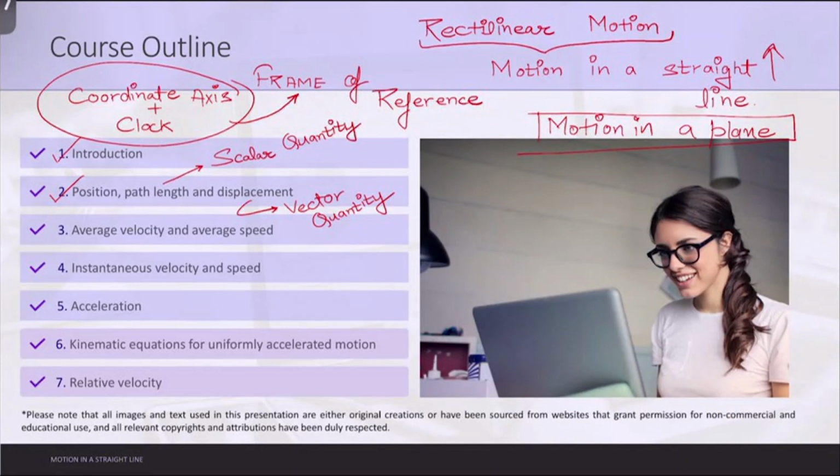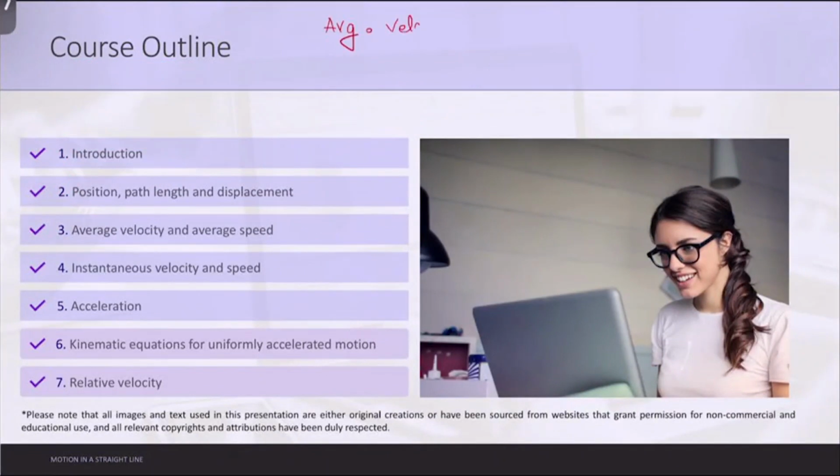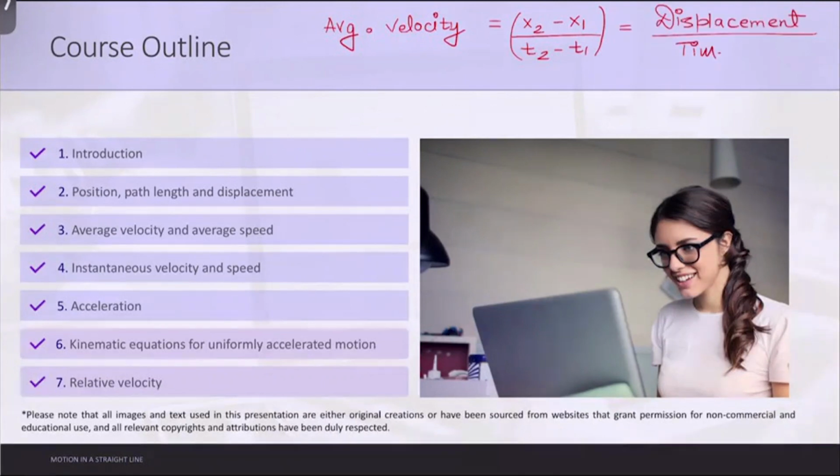The next thing which we considered was average velocity and average speed, in which we understood what average velocity is. Average velocity is equal to x2 minus x1 upon t2 minus t1, which is nothing but your displacement upon time.